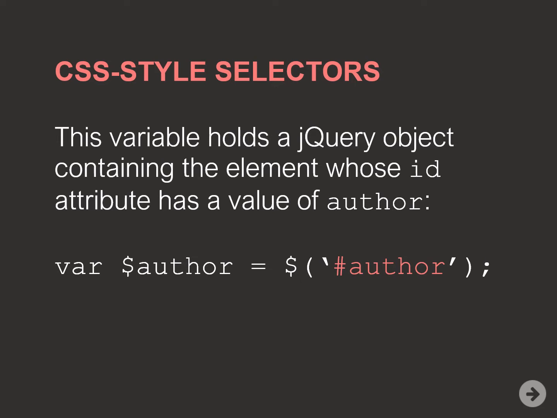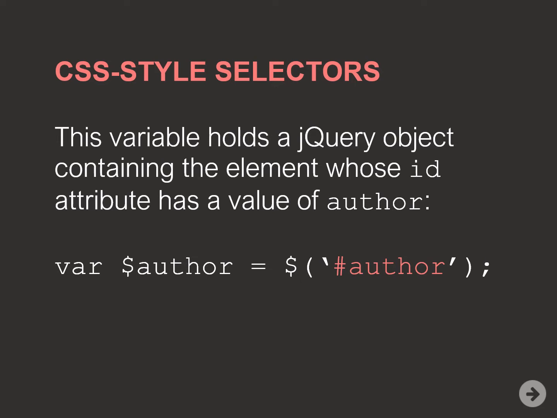Here we give one example to show what a CSS style selector is, and then some more complicated ones. The first one is here. var $author equal to $, which means jQuery here because it is in front of parentheses, and inside is the quoted CSS style selector.